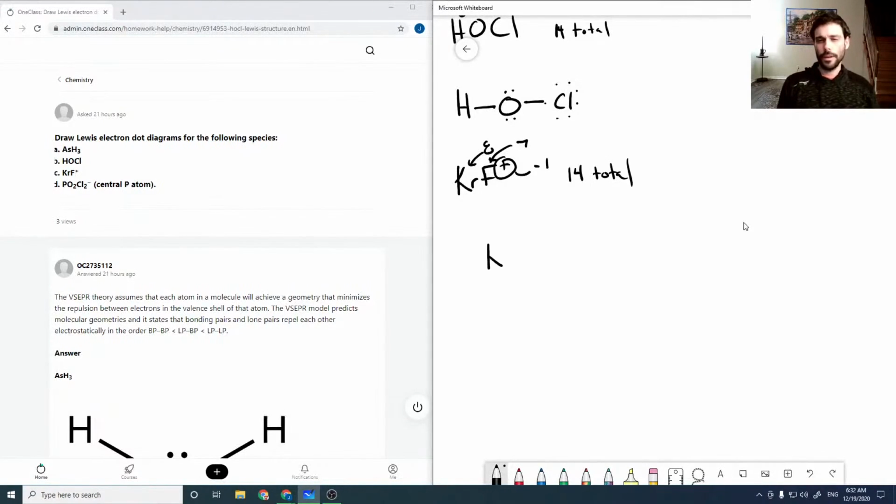In this case, it's fairly obvious that for krypton to bond, we have to take an electron away from it. So I'm going to give it 7 instead of 8, and for fluorine, its full 7. There's its bond. If we count the number of electrons around krypton, it's 7, which means it has a plus charge.